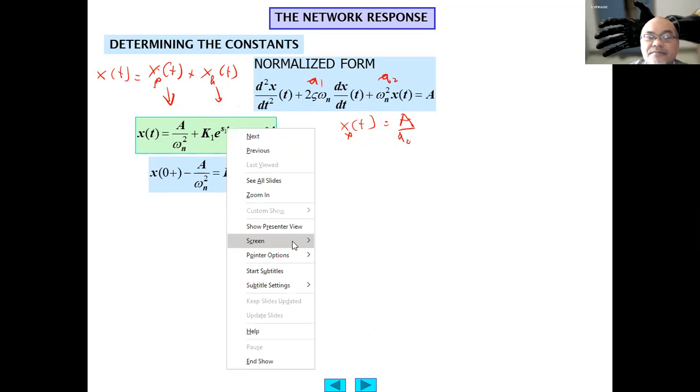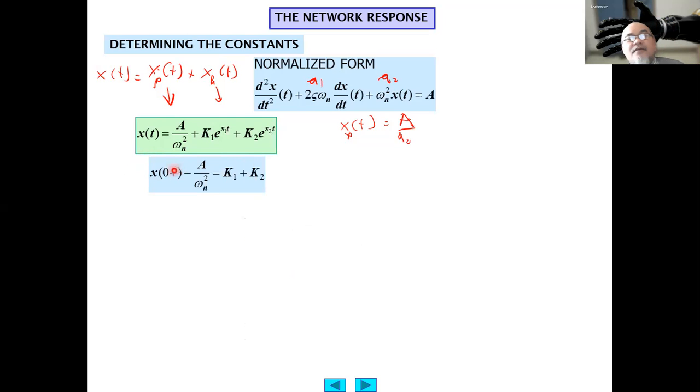So x at 0 plus, the initial condition, minus A divided by omega n squared, will be equal to k1 plus k2, because at t equals 0, the value of the exponential e to the s1 t will be equal to 1, right? The value of this will also be equal to 1. So x at 0, the initial condition, minus A divided by omega n squared equals k1 plus k2.